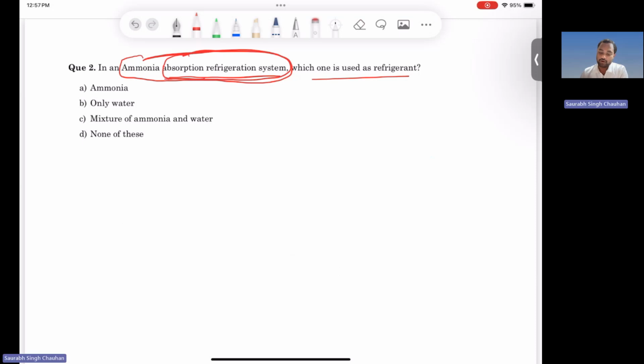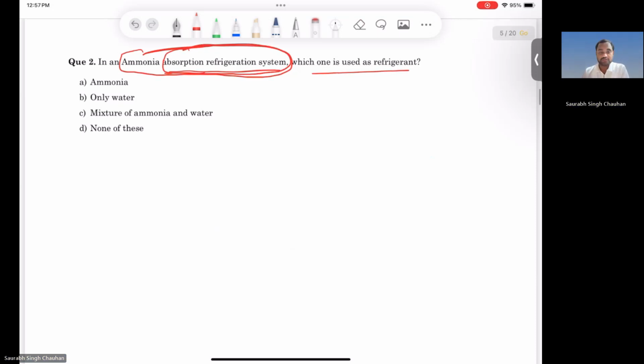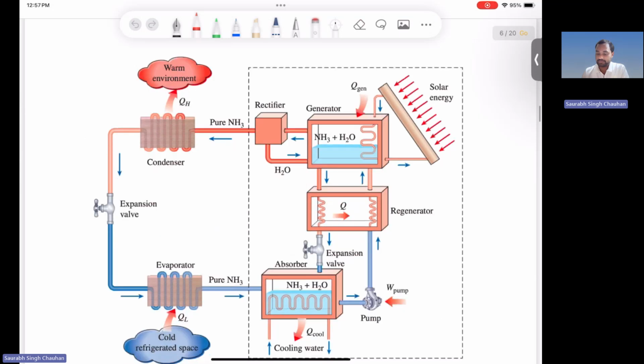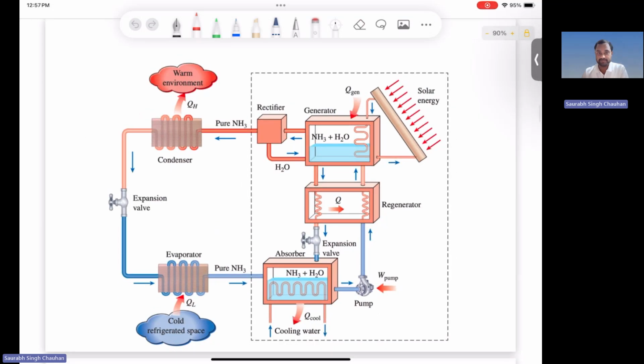In an absorption refrigeration system, there is one refrigerant, because for any refrigeration system, there will be a refrigerant, a working fluid, and there will be some absorption system. So in an ammonia absorption refrigeration system, which one is used as refrigerant? I will again show you a diagram, then it will become more clear.